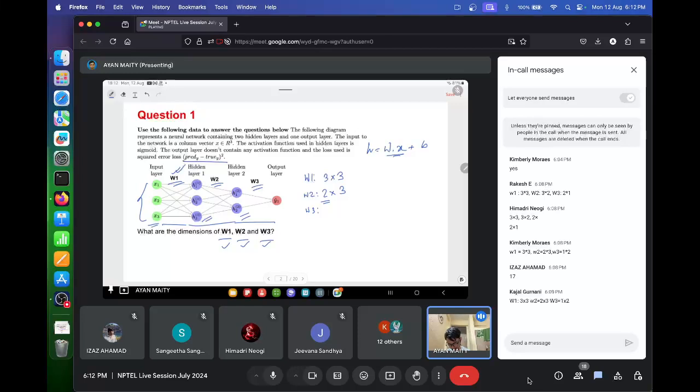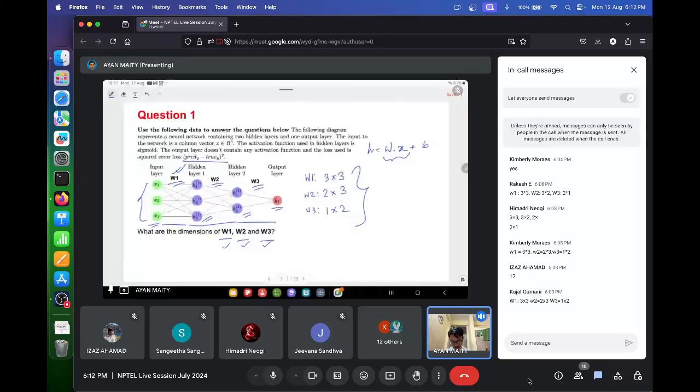Similarly for W3, there is only one unit in the output layer and there are two units in the previous layer, so 1 by 2. So these are the dimensions of the three weight matrices: number of units in the next layer by number of units in the previous layer. This is the convention used, so that the matrix multiplication is possible for every layer.